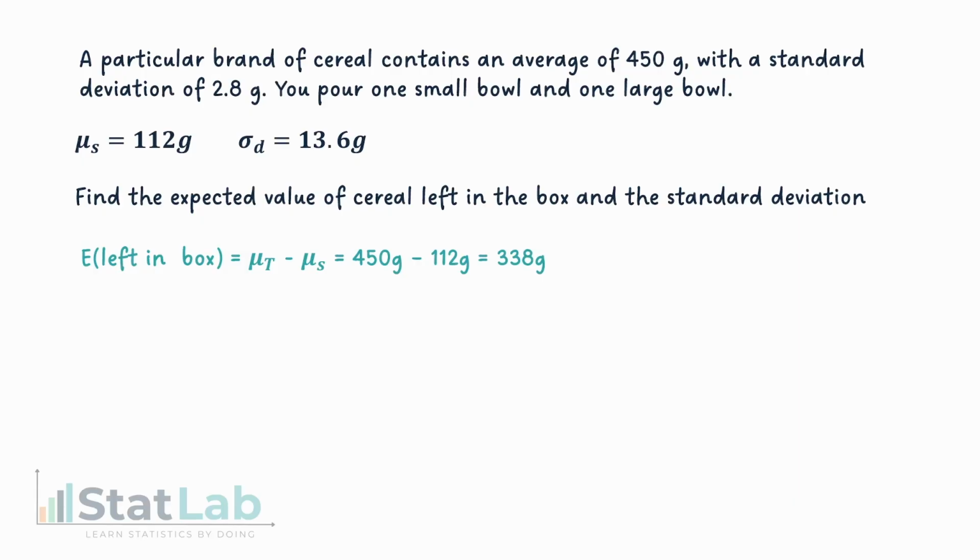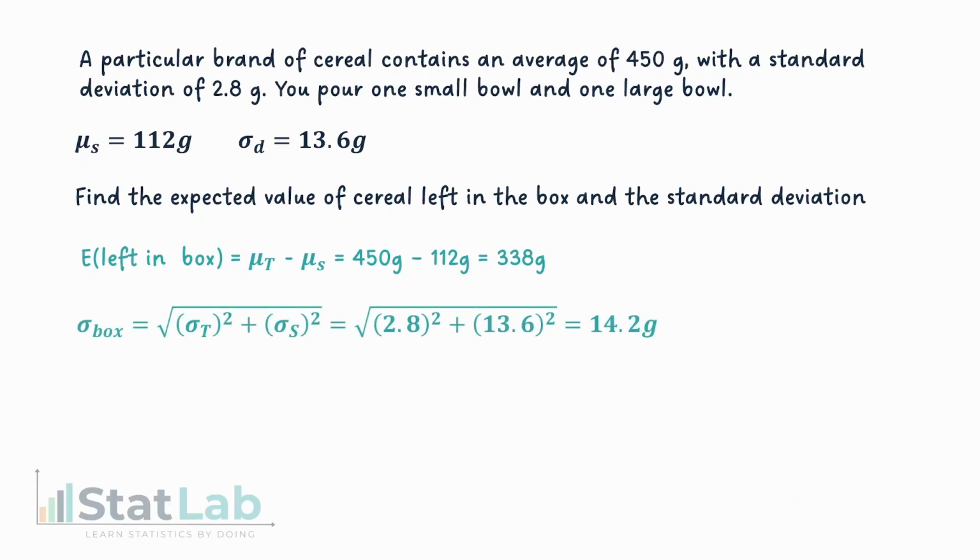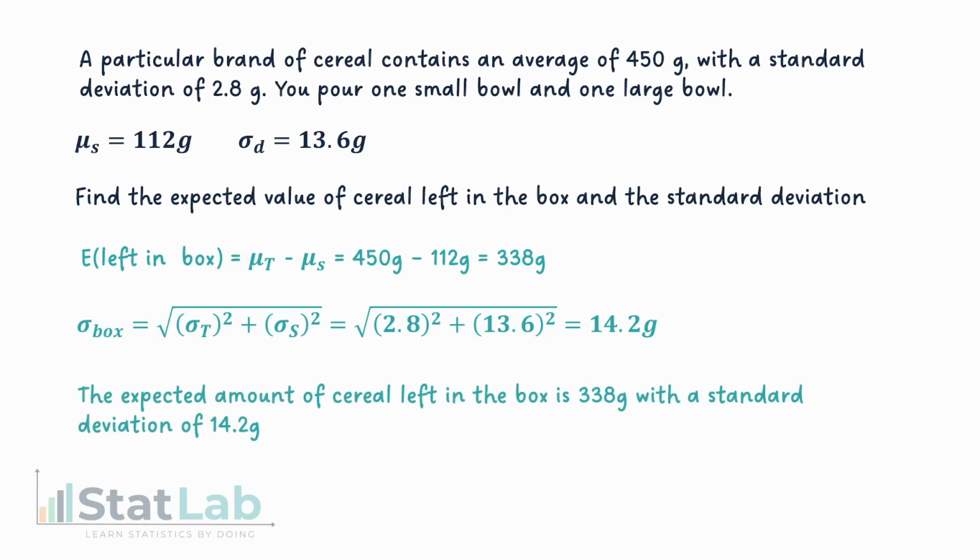So that would be 450 grams minus 112 grams, which gives us 338 grams. Our standard deviation for what's left in the box will be the square root of the sum of those deviations squared. So we have 2.8 squared plus 13.6 squared, square rooted, which gives us 14.2. So the expected amount of cereal left in the box is 338 grams with a standard deviation of 14.2 grams.